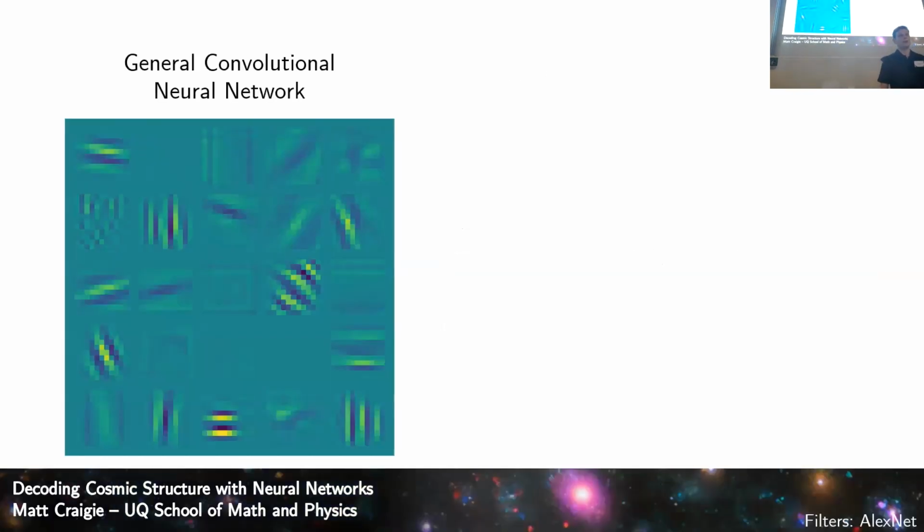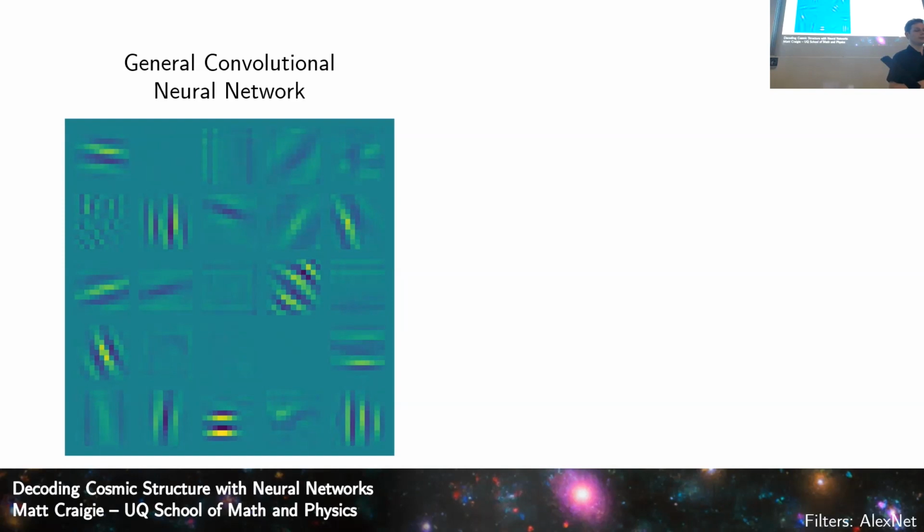As an extension, we've been looking at the filters for general convolutional networks. The first layer tends to look something like this for all sorts of different benchmark CNNs. This one's from AlexNet, but you tend to see these stripy patterns with different scales and different orientations.